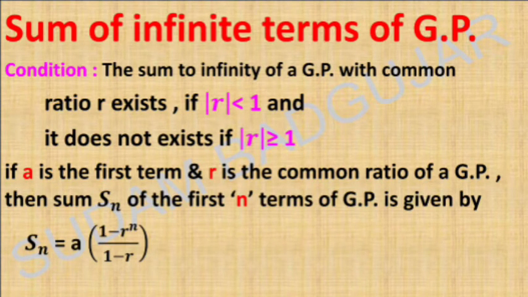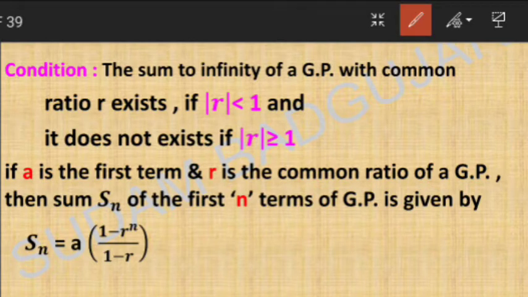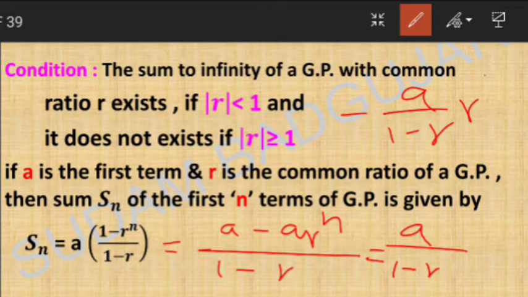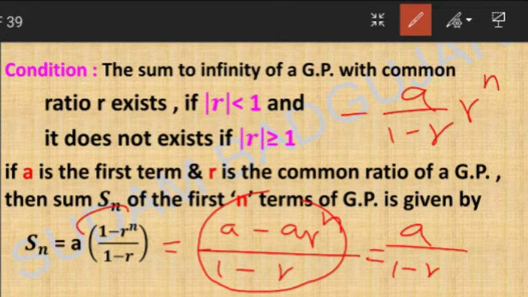Okay, here we will simplify this. We have to multiply this, that is equal to A minus A R raised to n upon 1 minus R, which is equal to splitting this: A upon 1 minus R minus A upon 1 minus R into R raised to n. Okay, now first you open this bracket, which means each term is multiplied by A, and split that denominator, right?